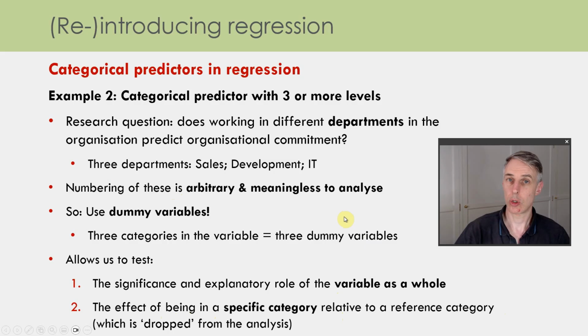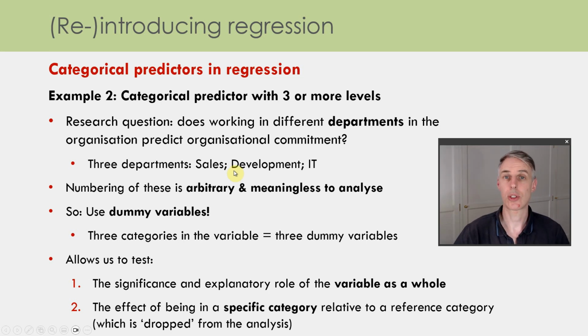Now, one of the things that hopefully you'll recall from last year is that when we are using dummy variables to represent a categorical variable, one of those dummy variables is dropped from the analysis. So if we have 3 levels of our categorical variable, therefore 3 dummy variables overall, only 2 of those get entered as a predictor in the analysis.